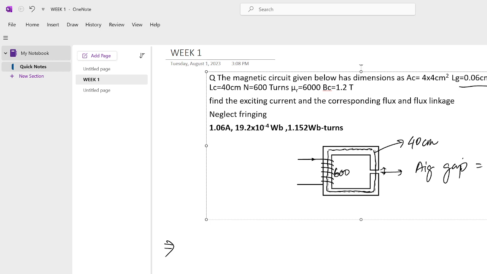The magnetic flux density established is 1.2 Tesla. Relative permeability of the core is 6000. And now you have to find what current is required to establish 1.2 Tesla magnetic field. Question is clear?